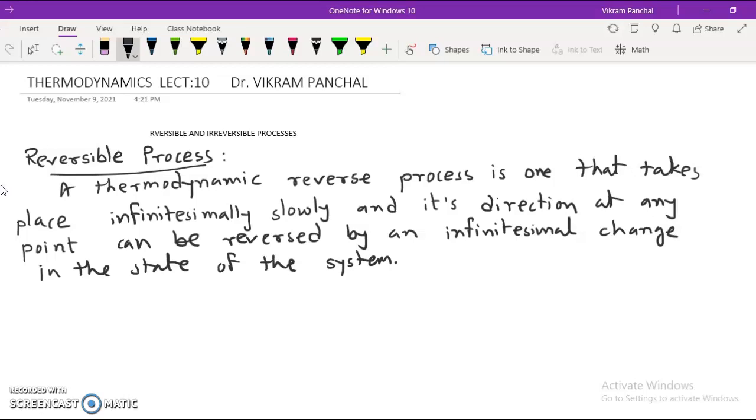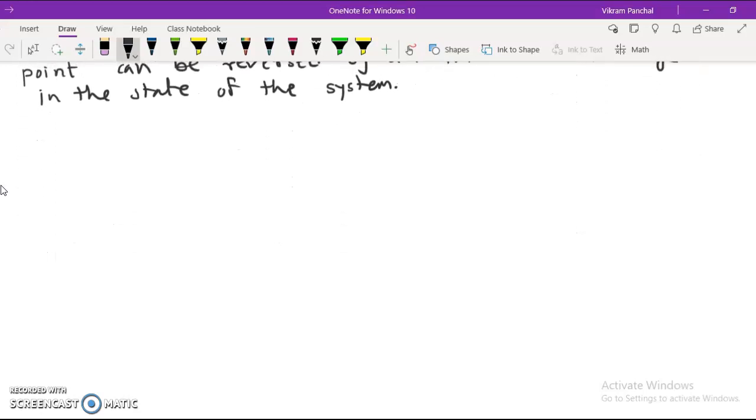Okay, so to understand this concept of infinitesimally slow change and reversing it infinitesimally, let us take an example. We take one container in which a gas is filled, and here we are keeping small pebbles to produce pressure on this gas.